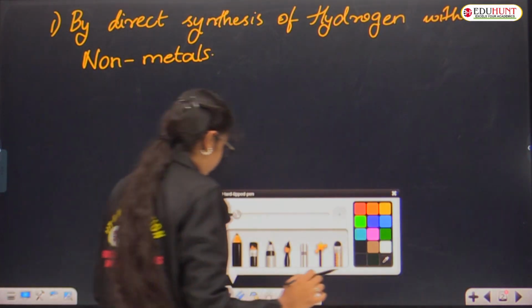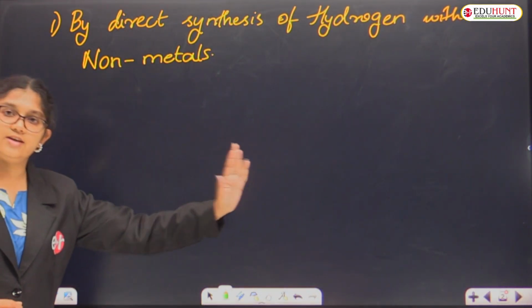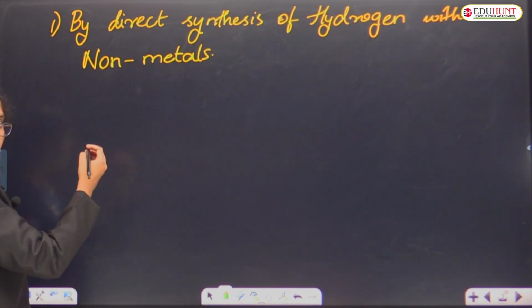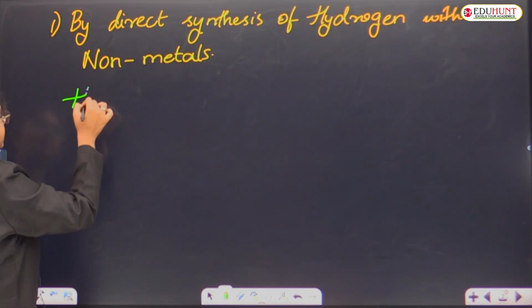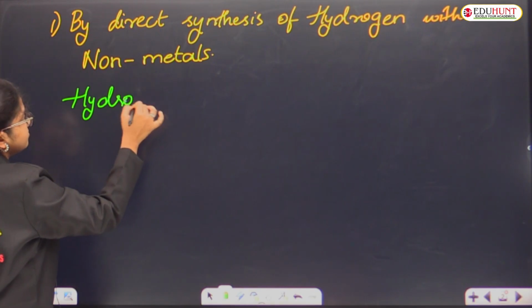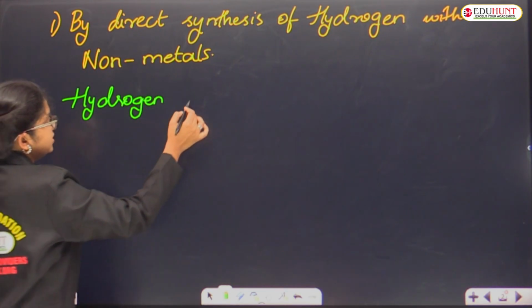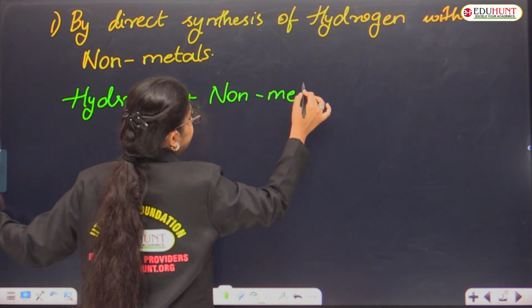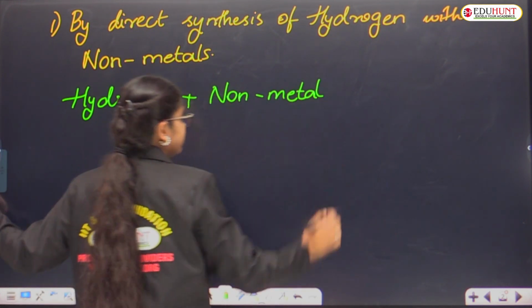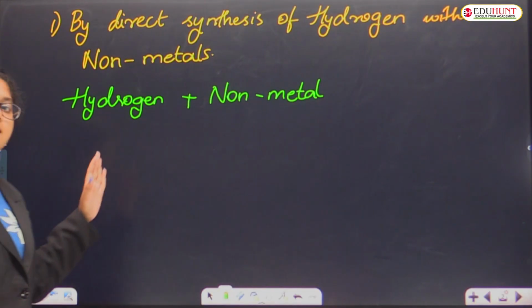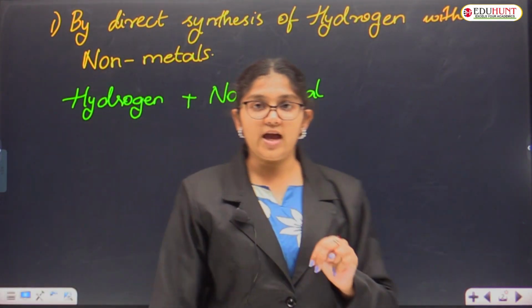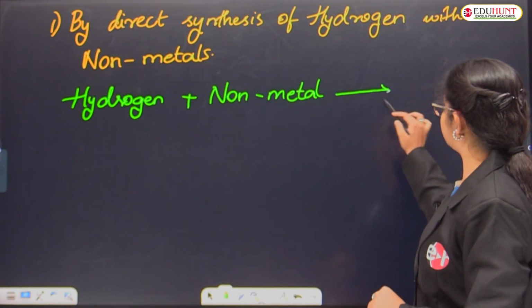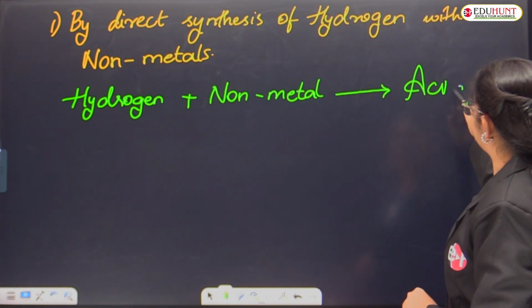First, let's write the reaction stepwise in formulas. We have taken hydrogen, and then we are taking non-metals. When hydrogen and a non-metal both react, they give acid directly.